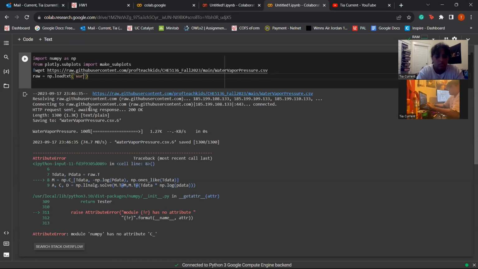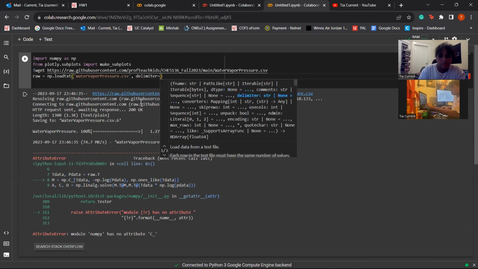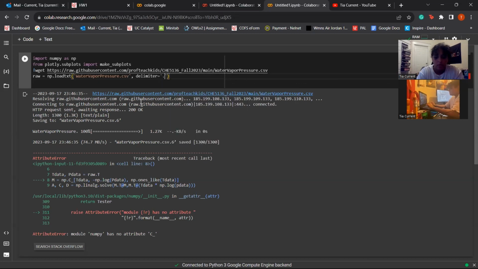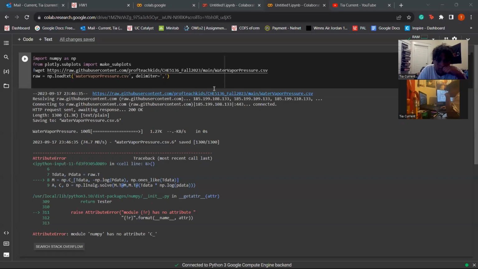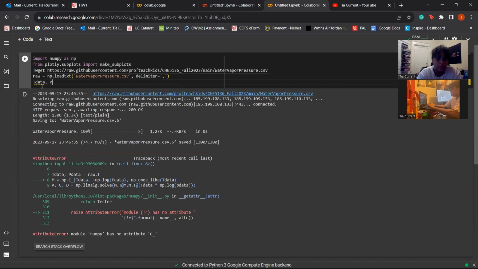It is the water vapor pressure.csv, and then you comma that, delimiter equal to comma. Did I forget anything? Hopefully not. We'll just keep going.